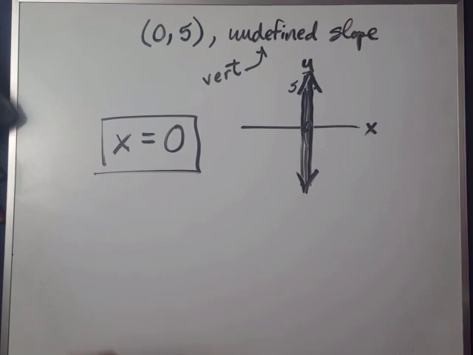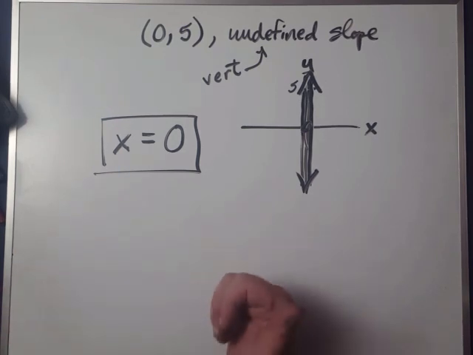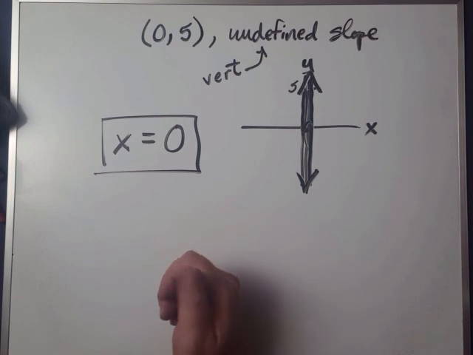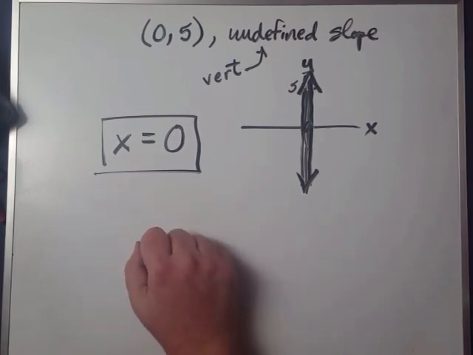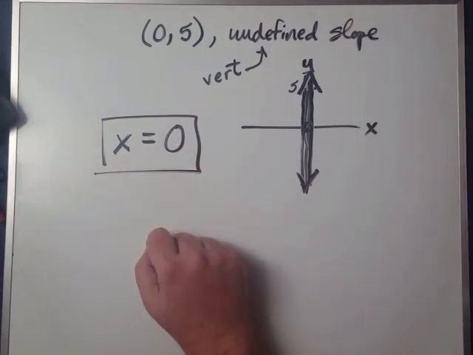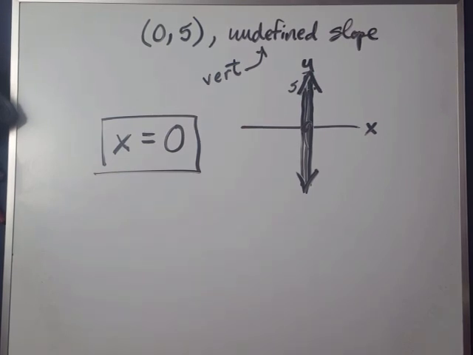Instead of given an equation, find some points. Given an equation, find the slope. Given an equation, graph the line. Now we're being told, hey, here's a point and a slope. Find the equation. So that's our look at 3.4. Next time we'll have a look at point slope form of a line.